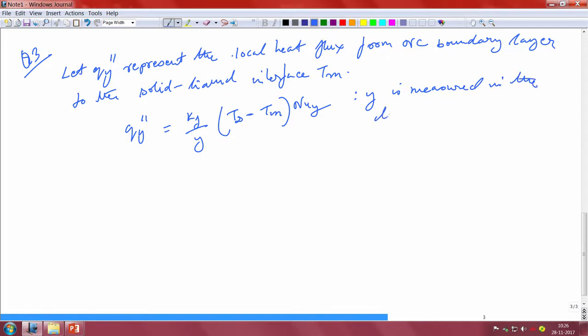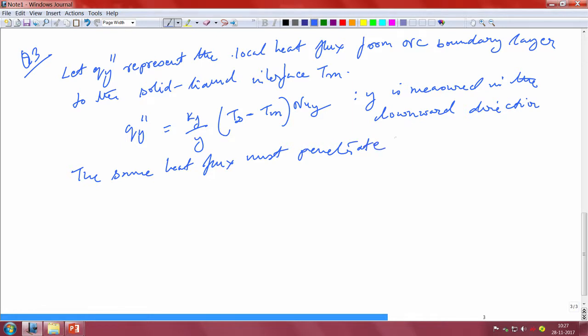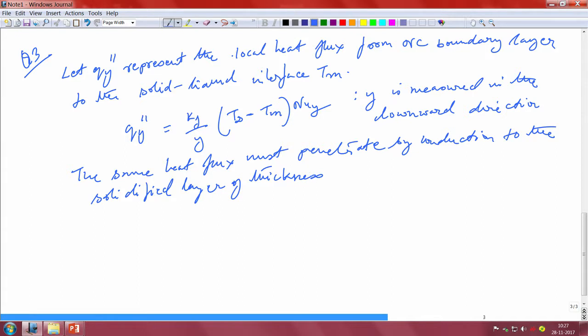So, whatever heat flux is coming from the natural convection boundary layer, the same heat flux must penetrate by conduction to the solidified layer, which has a local thickness of Ly.